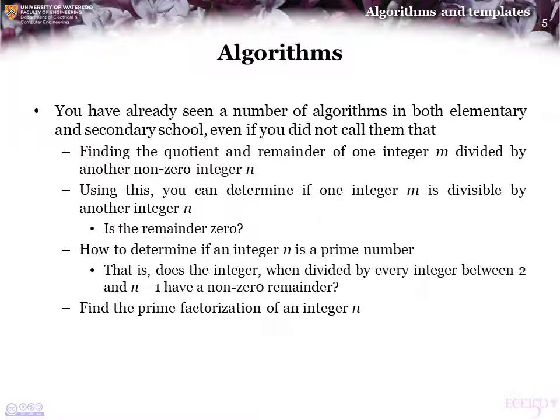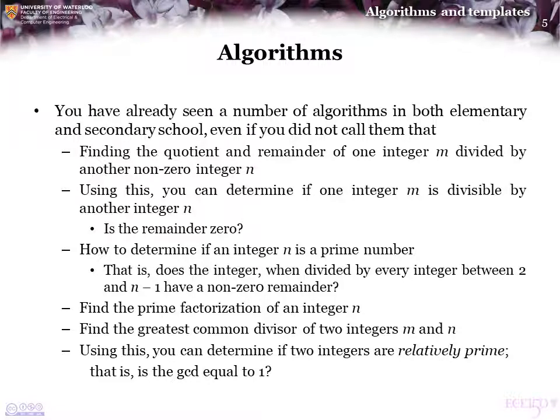Consequently, you can also determine the prime factorization of an integer n. You can also find the greatest common divisor of two integers, m and n. And using this, you can determine if two integers are relatively prime, that is, is their greatest common divisor equal to 1? So these are all algorithms that you've already seen in secondary school.